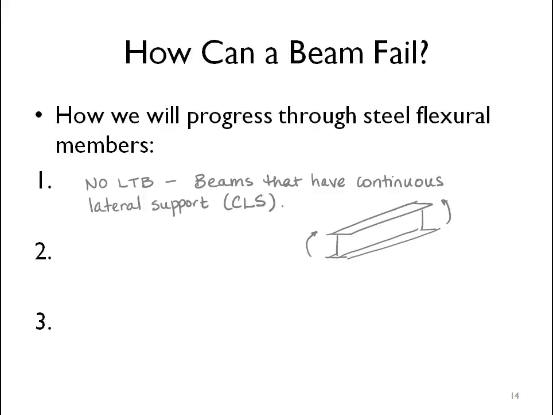If I'm assuming continuous lateral support, I'm effectively saying that I have braced the compression flange along its entire length such that that flange cannot move to the left or to the right. It has no means of kicking out and failing in torsion. So that forces a deformation mode along pure strong axis bending in this case.